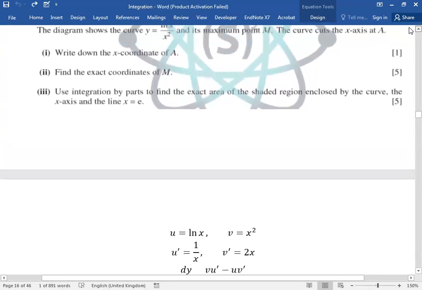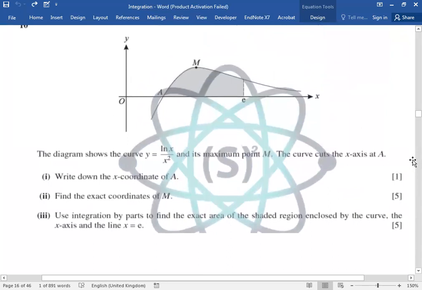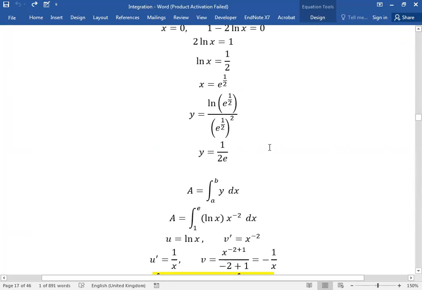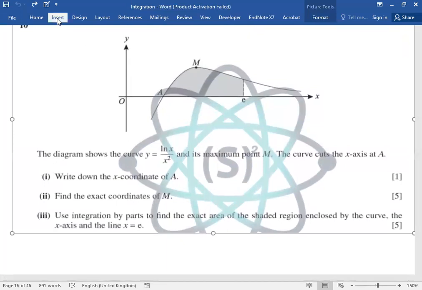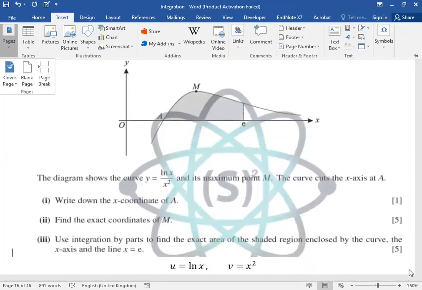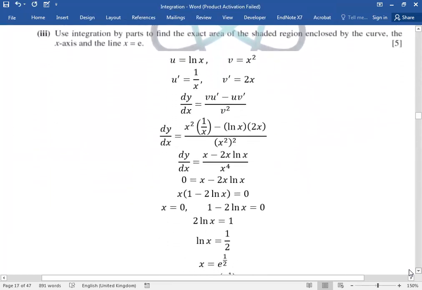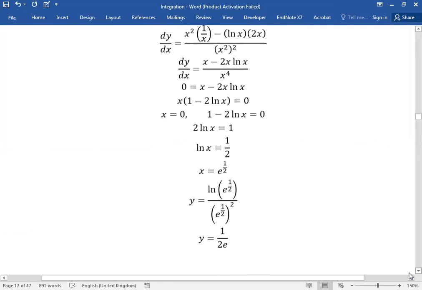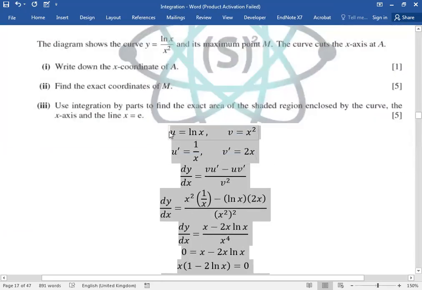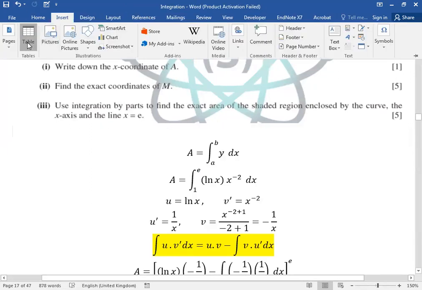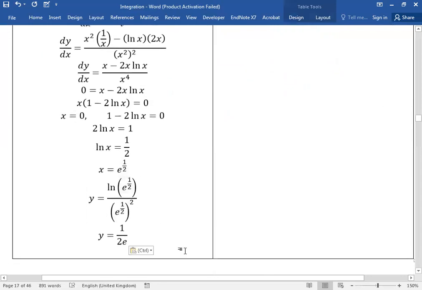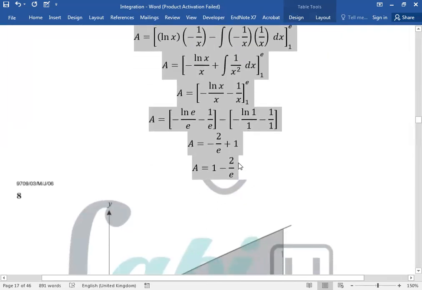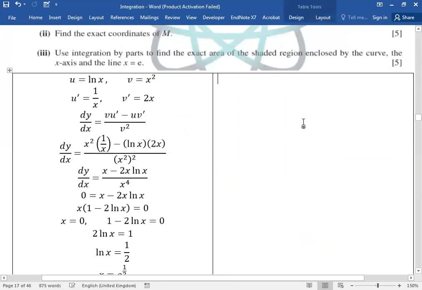Now, what is your view? Remember, the question is asking us the exact area.